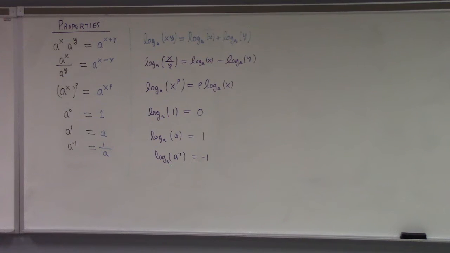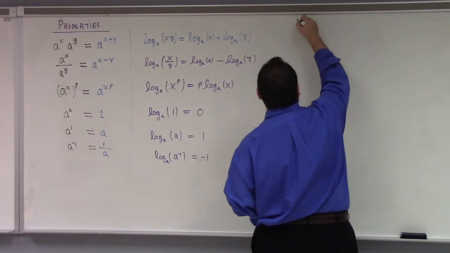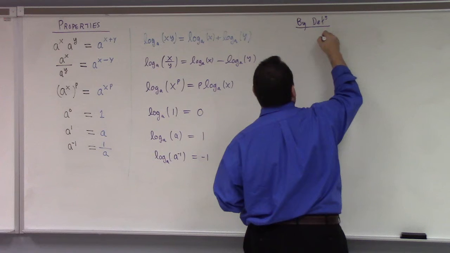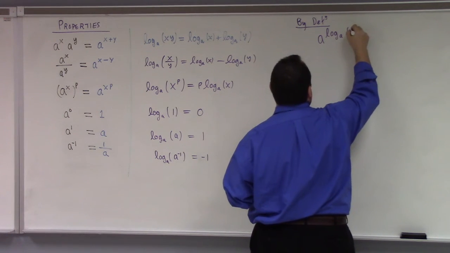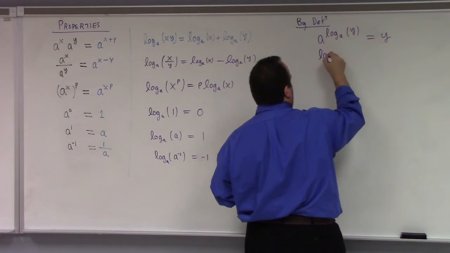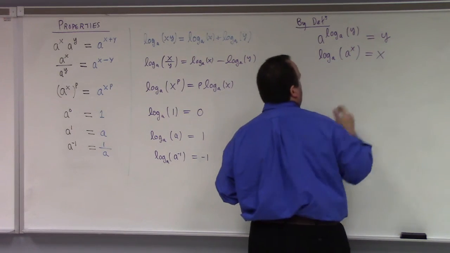But the more fundamental thing about all of these is we should remember, by definition, that a to the log base a of y is equal to y, and log base a of a to the x is equal to x.